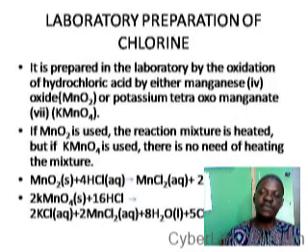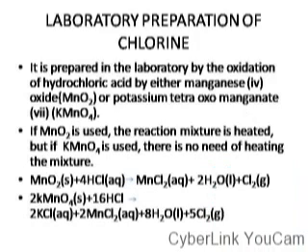But if it is acidified potassium tetraoxomanganate(VII) that is used, the reaction does not have to be heated. The reaction will just proceed without heating. And in both cases, chlorine gas is evolved as a yellowish green gas.